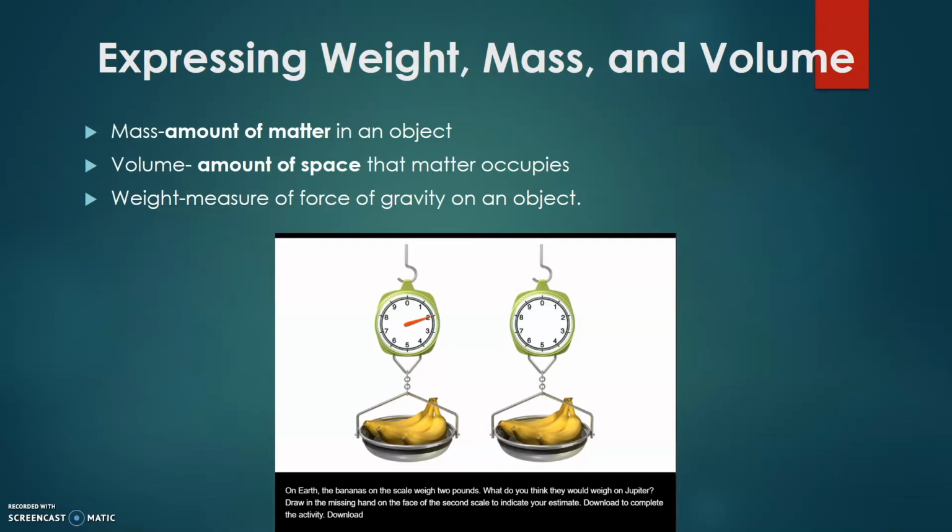That gives you an indication of what your estimate should be. Once again, this was just an estimate, so it's what you thought. On Jupiter, these bananas will weigh somewhere between 4 and 5 pounds, because there's more gravity being forced upon them, which makes them weigh more on Jupiter.